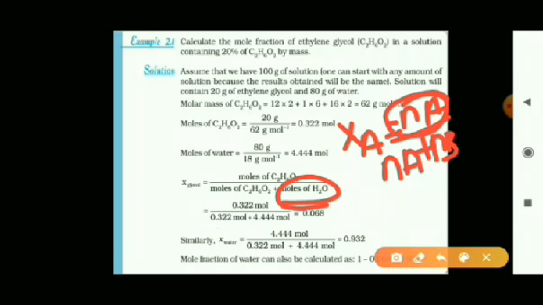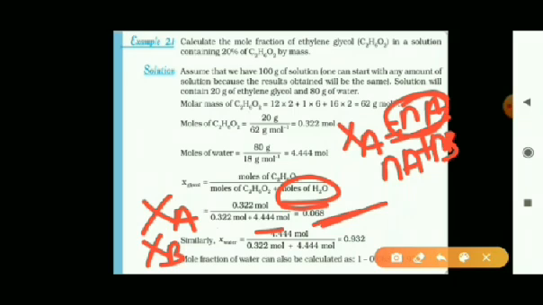Mole fraction of ethylene glycol: we got 0.322 divided by 0.322 plus moles of water, that is 4.444 mole. You will get the answer 0.068. That is your XA.